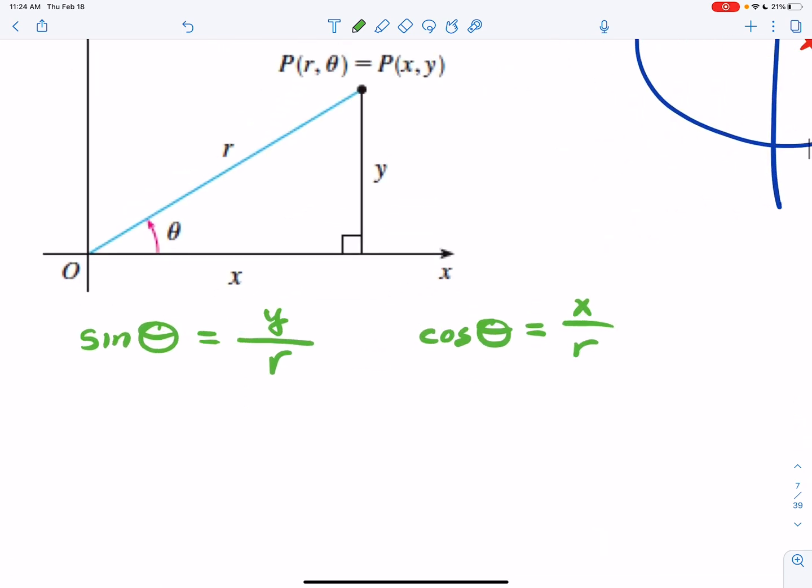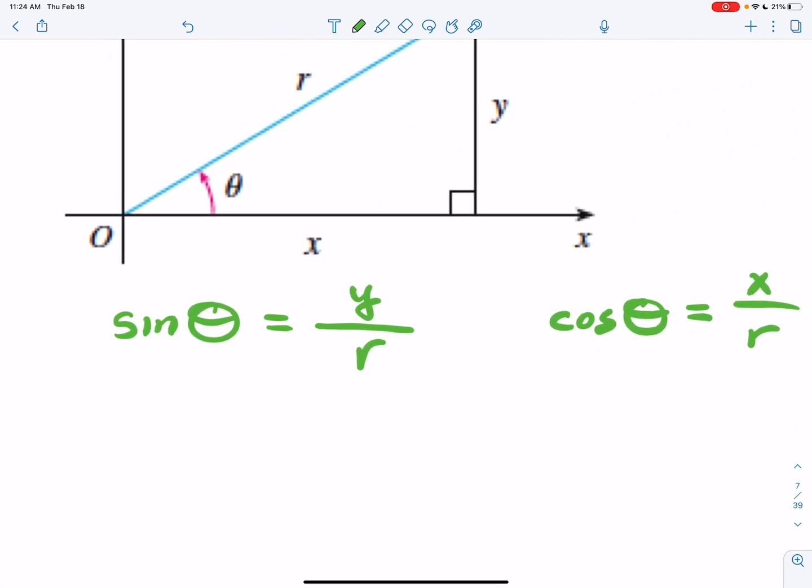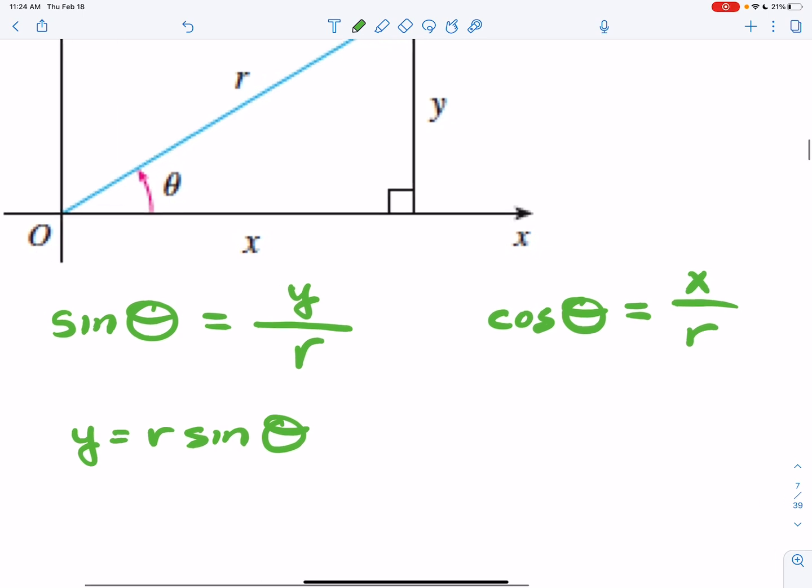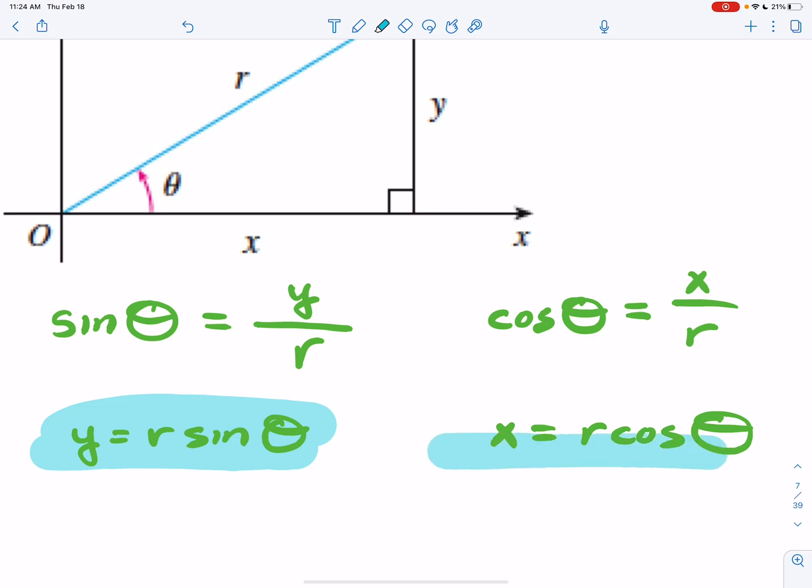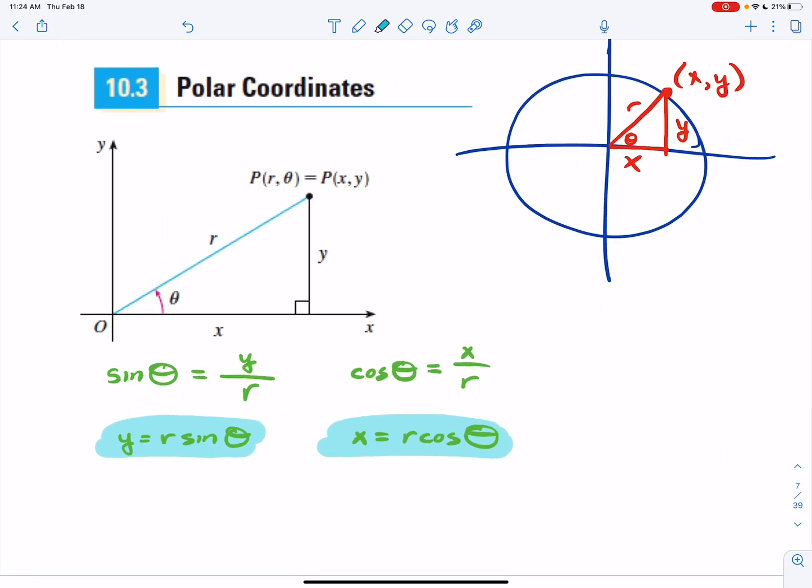So if I go ahead and solve for y here, if I multiply both sides by r, y will equal r sine theta. If I do the same thing here, if I solve for x, x would equal r cosine theta. Make sure that you guys have these two highlighted. Very important. This is how we convert from rectangular coordinates to polar coordinates.